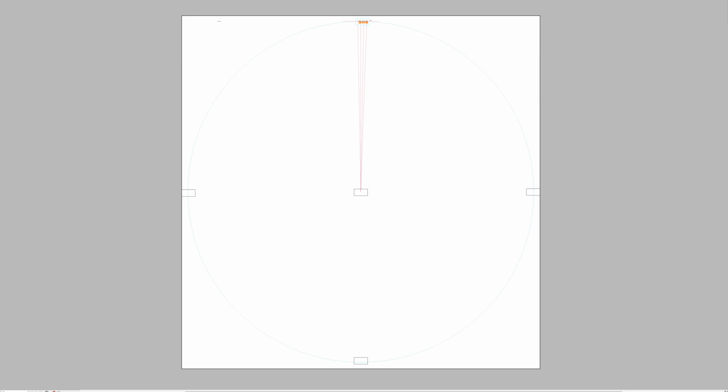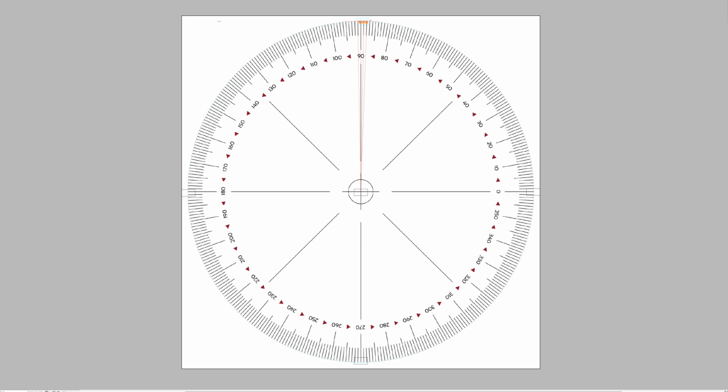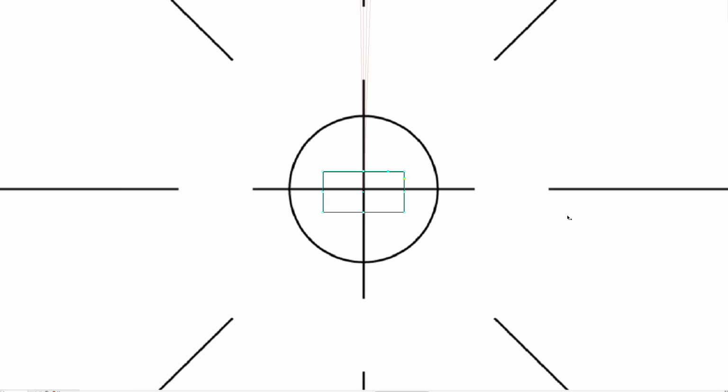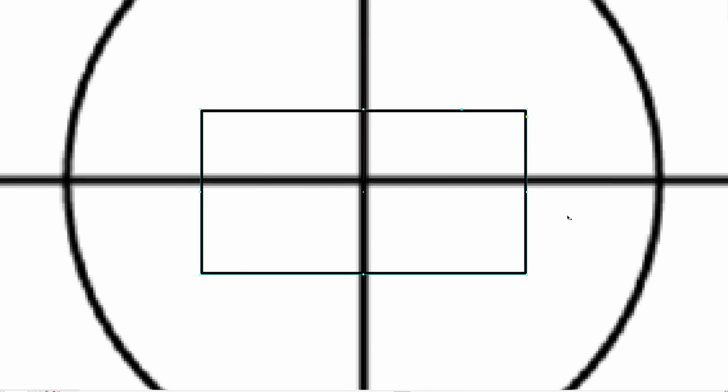So what I've done is basically created this model. Here's a protractor. A protractor is divided up into 360 degrees. So if I go to the center of this protractor, just want to show you the very center so you can see where these points originate. These lines right here, these are each degrees of arc. Here's the center.